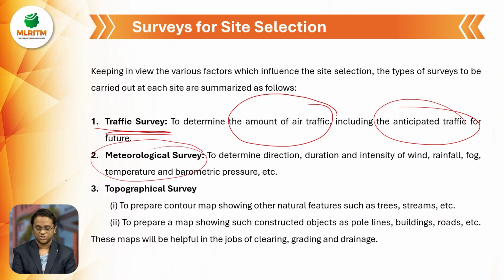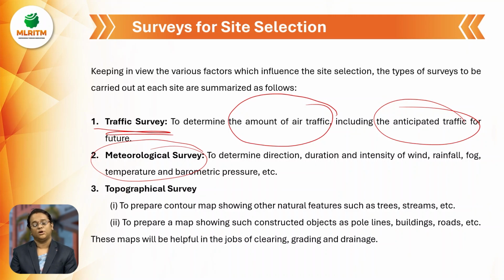And the meteorological survey. The meteorological survey plays an important and crucial role when you are selecting a site for an airport, because the presence of snow and heavy rainfall can obstruct the flow and operations of the airport.